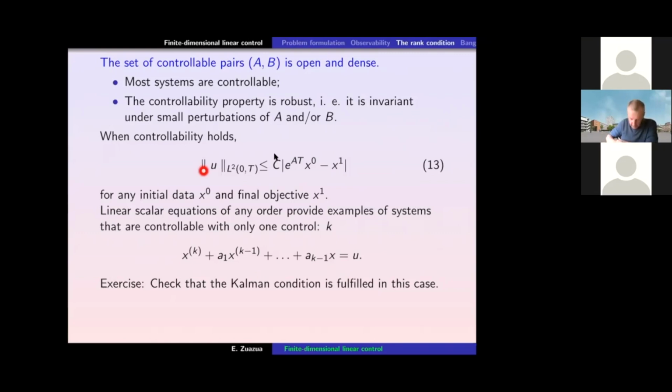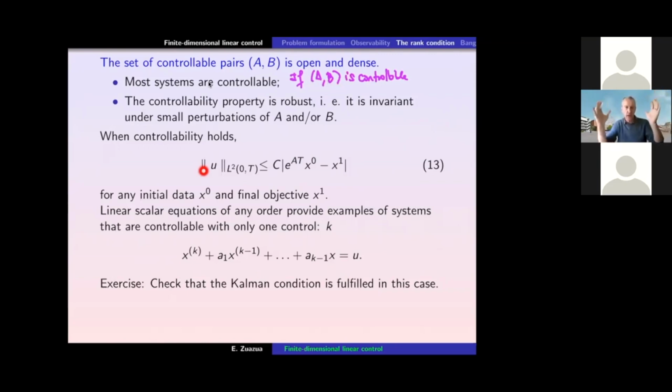In general, a property is said to be open, right? My claim is that if the system A B is controllable, I don't need to write the full x prime equals A x plus B u in the time horizon 0 T. I can simply say the system is controllable, because the controllability property is independent of the time window.